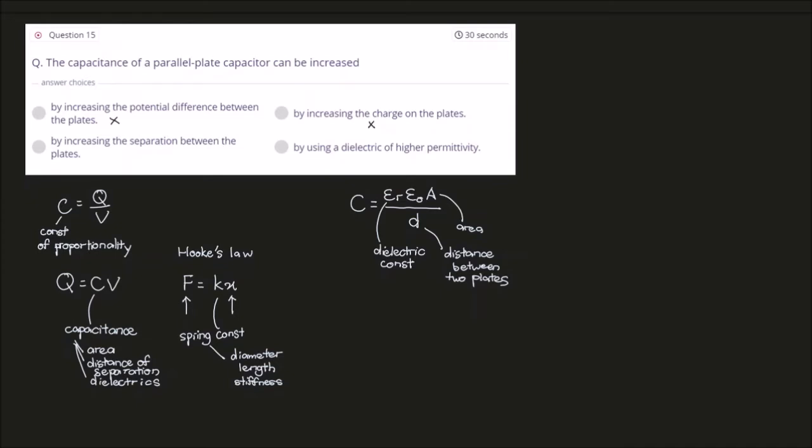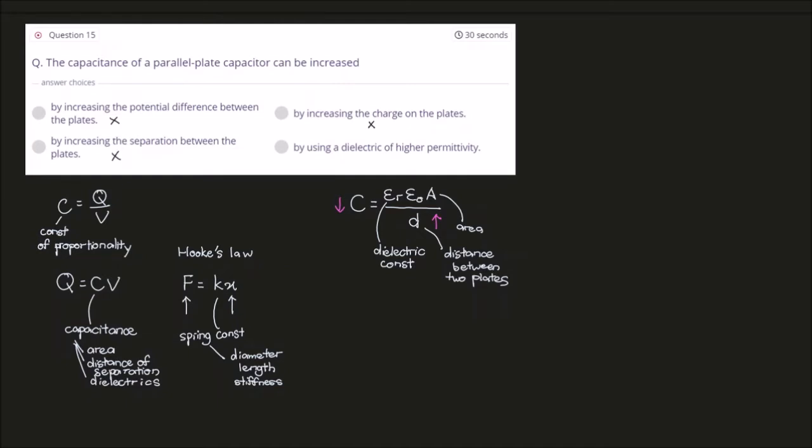Next one, by increasing the separation between the plates. If you increase the separation between the plates, you are increasing D over here. If you increase D, what will happen is the capacitance will actually decrease. That is the opposite of what we want to find, so this should be wrong as well.